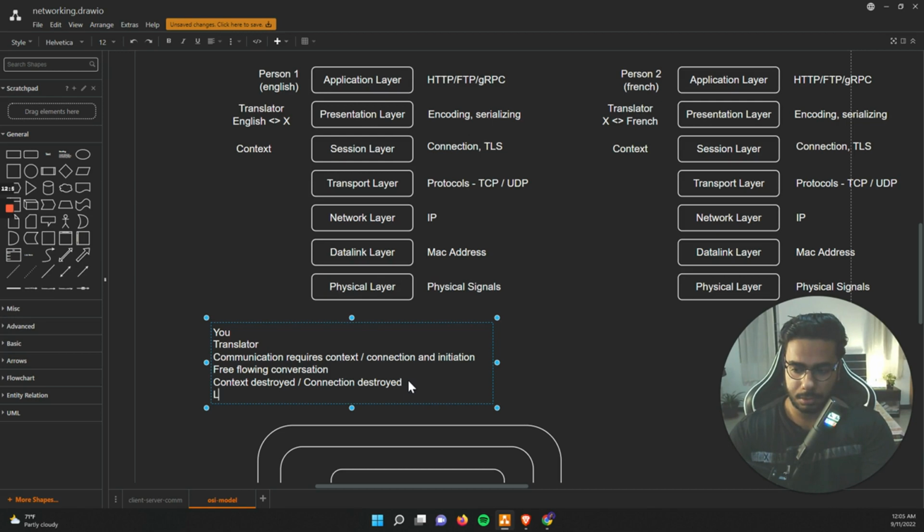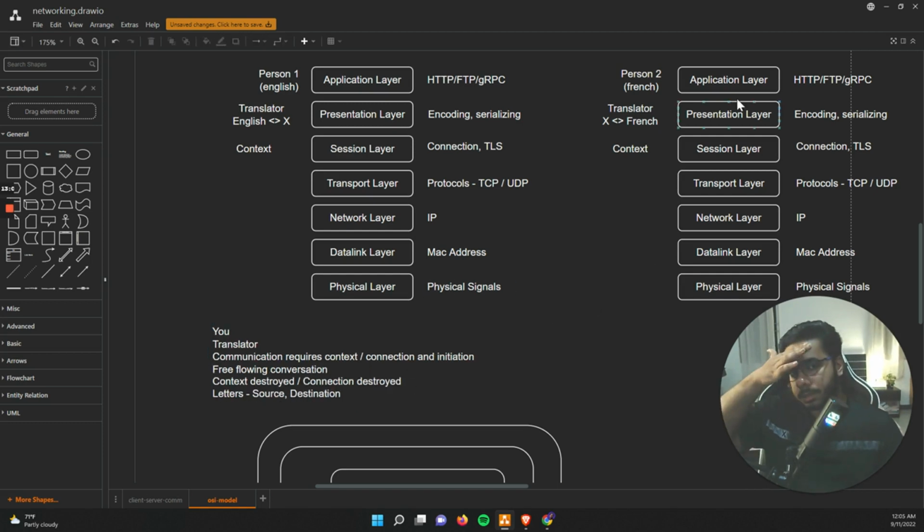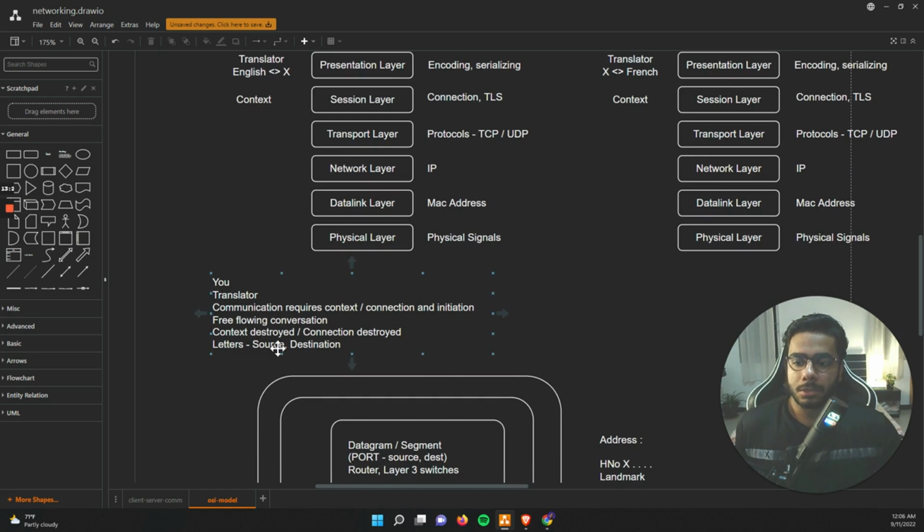If we introduce letters, you can introduce anything else as well, no issues. But if we introduce letters, then there needs to be a source and a destination, so that the right person can get whatever this person is trying to say to them. And we already have these two things here, the context and the translator. Let's assume we already have that. So, a source and a destination.